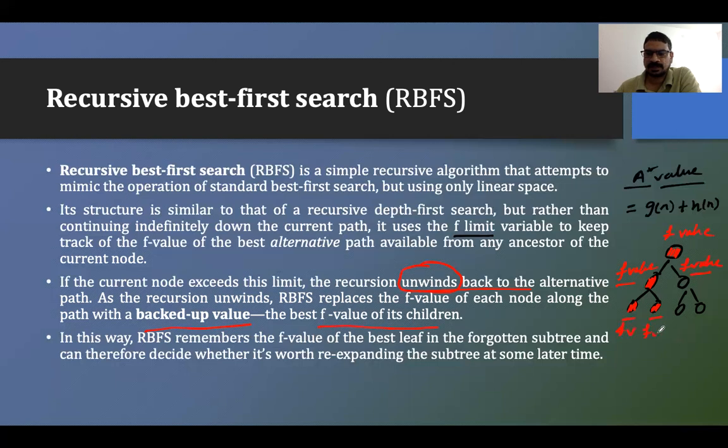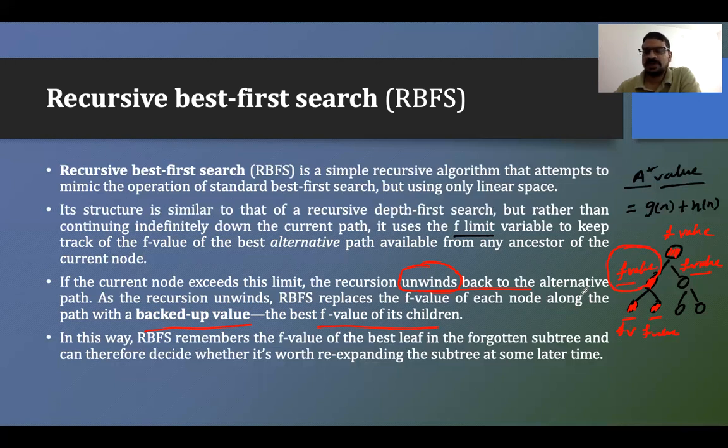So that we'll see. In this way, the recursive best first search remembers the F value of the best leaf in the forgotten subtree and can therefore decide whether it's worth examining the subtree at some later time. So here, based on the F value, we'll decide which particular node has to be explored next. If we think that the particular node which we are exploring right now is not worth exploring, we're not going to go into its children.